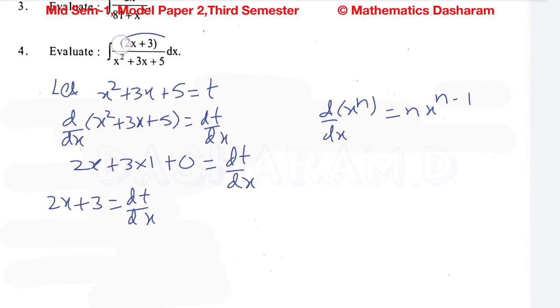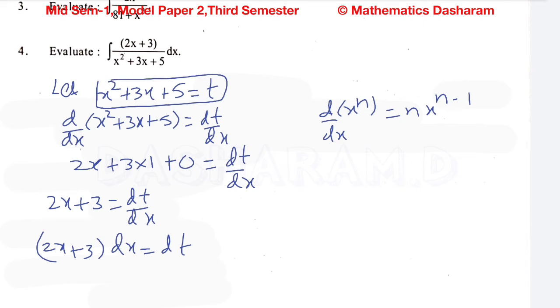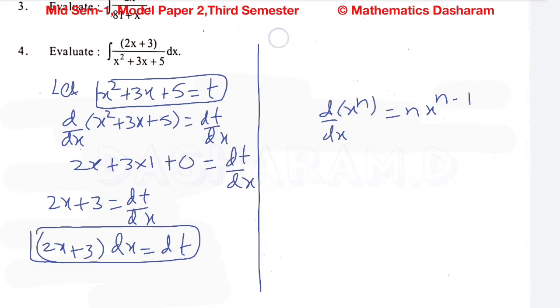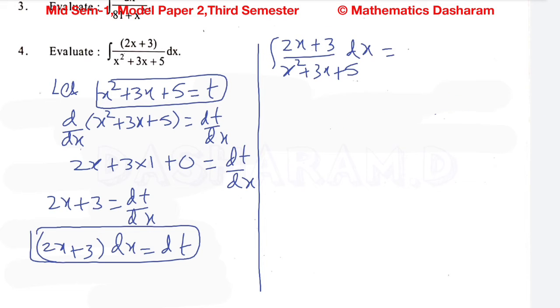Next, in the given question the numerator is 2x plus 3 dx. So that is why this dx transposed to left side, it is equals to dt. Now substitute these two values in the given question. Integration, this numerator 2x plus 3 dx equals to how much? dt, divided by this denominator selected as t.